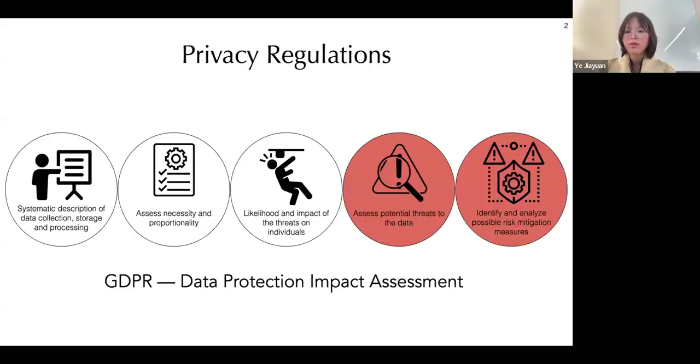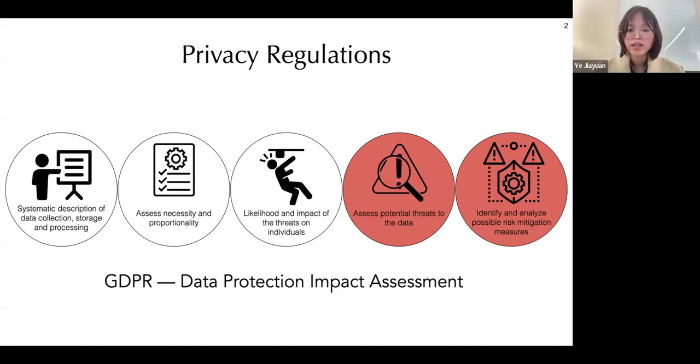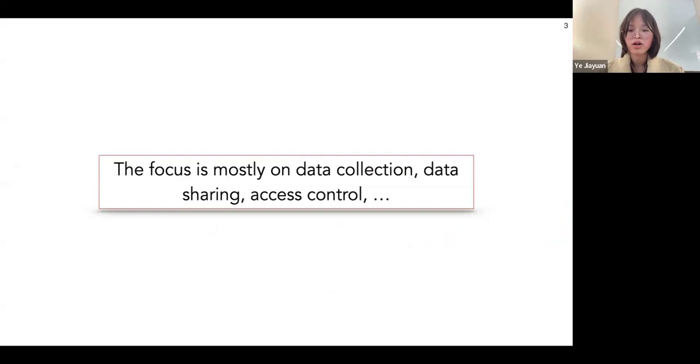So firstly, membership inference attack is related to the topic of data privacy. Let's first look at what existing privacy concerns are already regulated in the GDPR, the regulation for European Union countries. I will not go into them one by one, but the idea is that in these regulations, the focus is mostly on data control, data sharing, and access control.